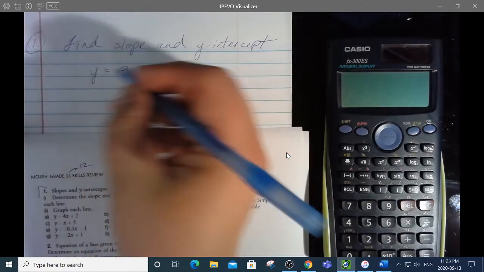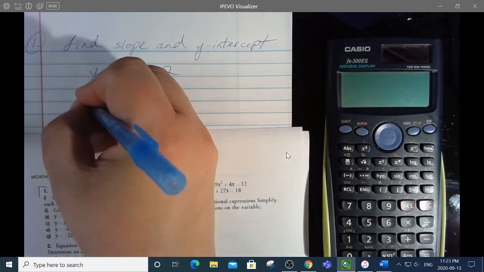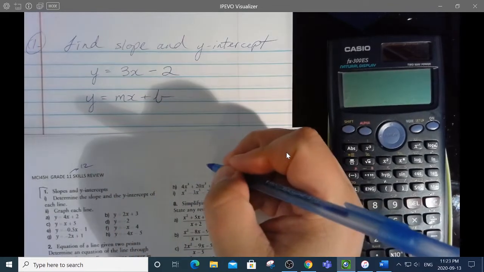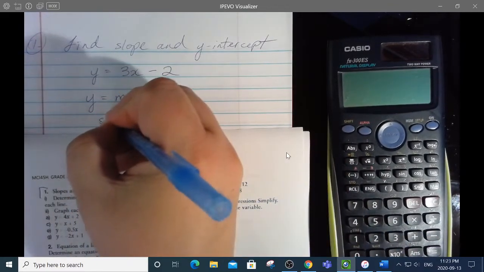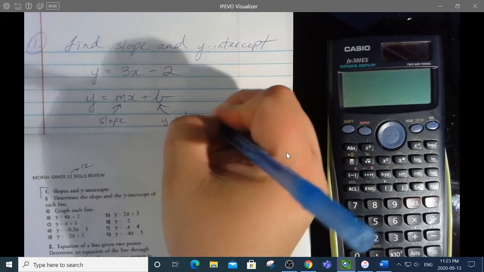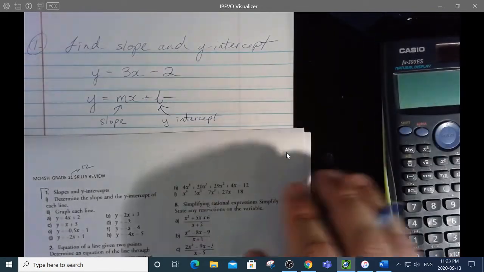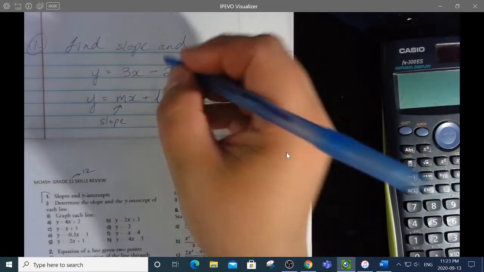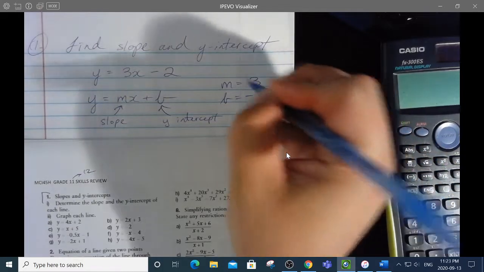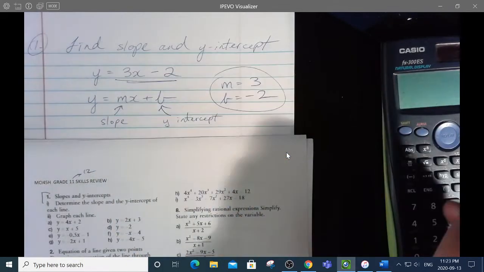Remember that for a straight line, for a linear equation, y equals mx plus b is the template, where m is your slope and b is your y-intercept. So this is almost a question where you just have to read it. Your slope is 3 and your y-intercept is -2, and that would be it for that question.